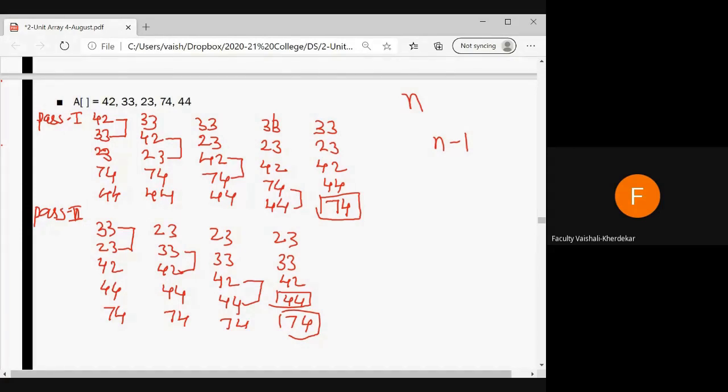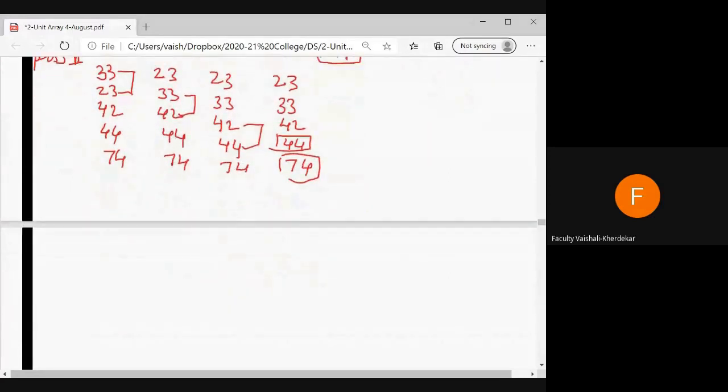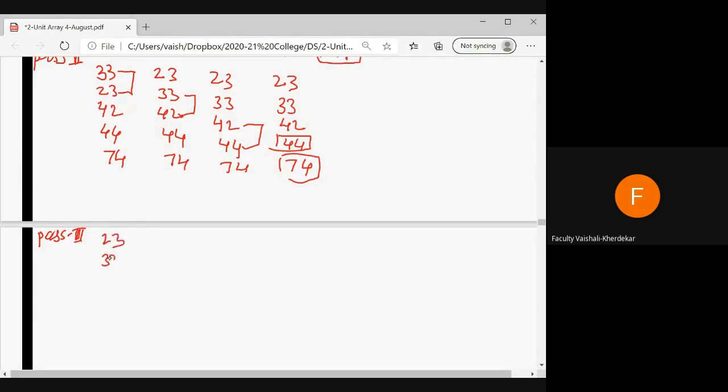See here, now this is pass 2: 23, 33, 42, 44, 74. Then next, pass 3. Consider this sequence from the second pass: 23, 33, 42, 44, 74.